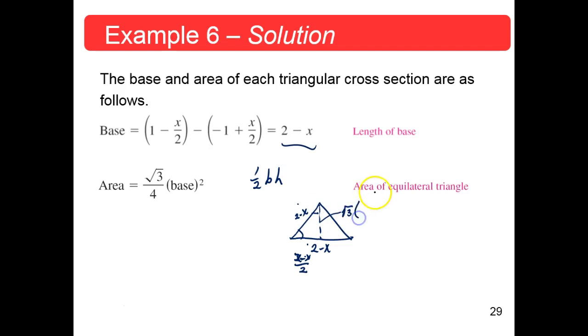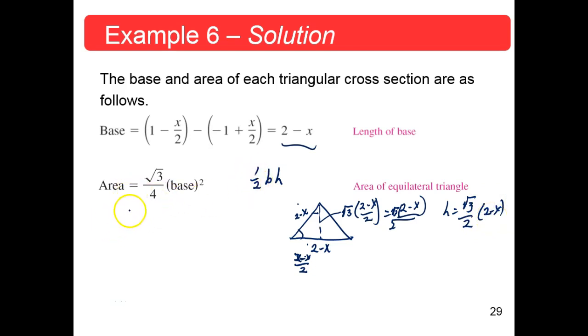This is square root of 3 times (2 minus x) over 2, which gives you the square root of 3 over 2 times 2 minus x. Okay? All right. So that's the height. H is equal to the square root of 3 over 2 times 2 minus x. That's the height.